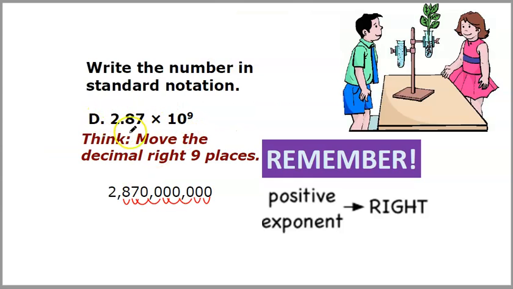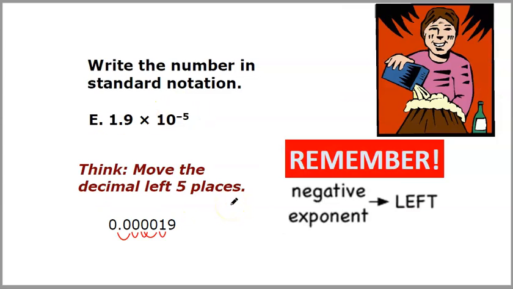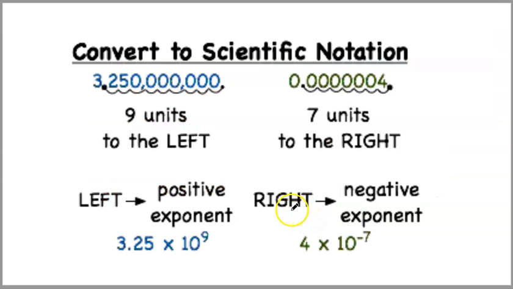And then once again, a really big number, positive exponent, we're going to move to the right. Negative exponent, you're going to move to the left. So very small number. Anytime you see a negative exponent, your number is going to be less than 0. So, more examples.